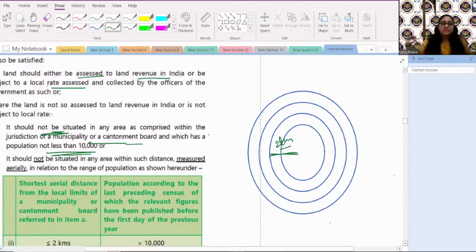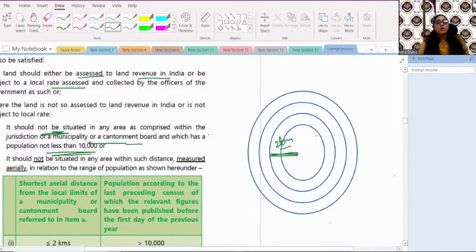The idea is जितने residential area का population ज़्यादा है, the more the distance from that cantonment area would also be covered for not qualifying as farm building. Earlier I was confusing it with urban agriculture land and rural agriculture land. But here, when I saw the example, it is vice versa.